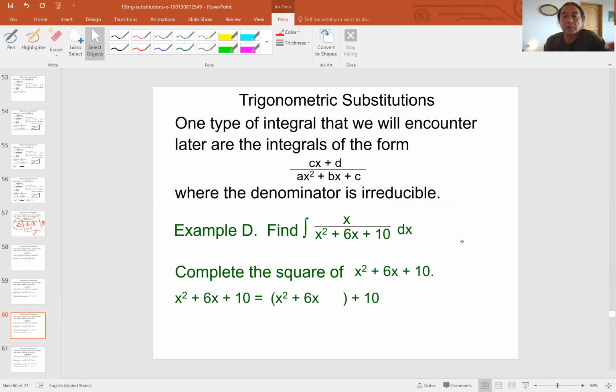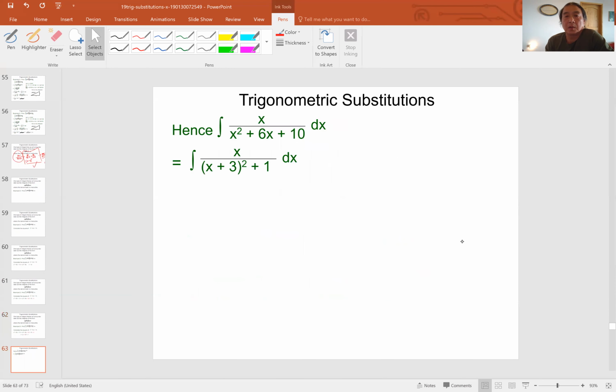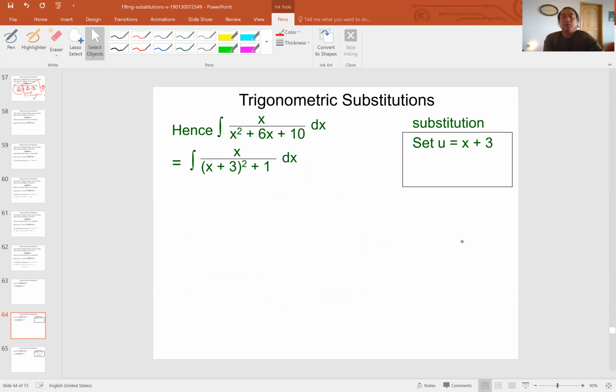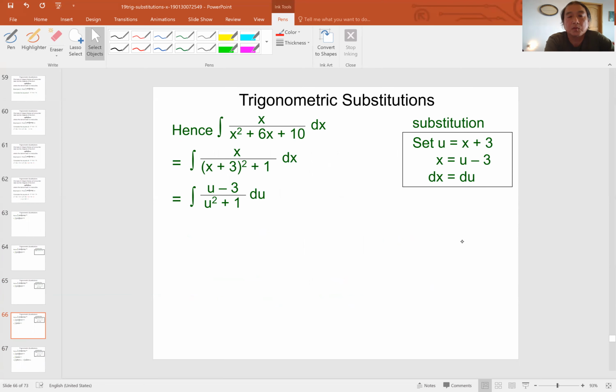Let's see how we put it into tangent inverse. We'll complete the square. Let's first do a substitution, and now it becomes u squared plus 1 underneath. There might be other shorter ways.